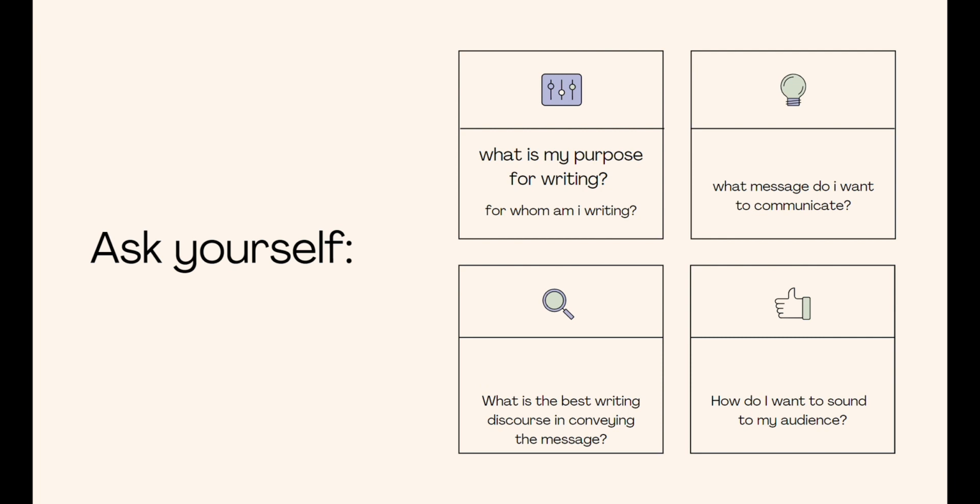What message do I want to convey to my audience, my readers, my listeners? What is the best writing discourse for conveying the message that I want to communicate? And lastly, how do I want to sound to my audience? You can ask these questions just to make sure that you can convey to the readers what you want to communicate with them.